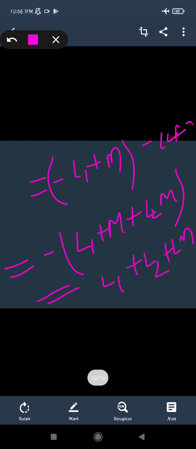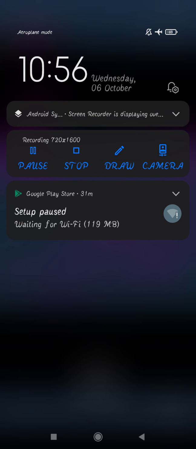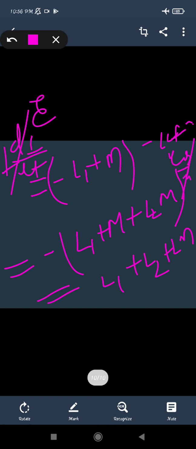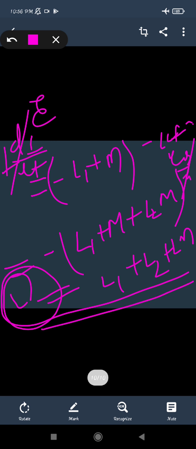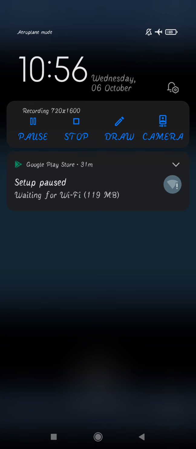This was the value for the EMF. EMF was given by L di by dt, so here also di by dt is there, and di by dt and di by dt will cancel. So the equivalent, or resultant, L will be given by L1 plus L2 plus 2M.